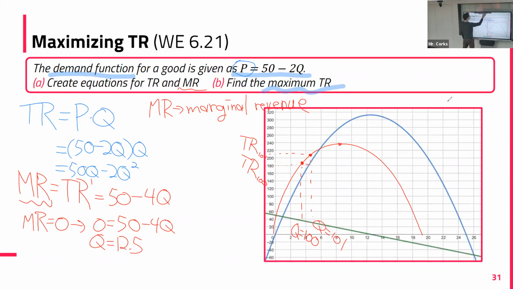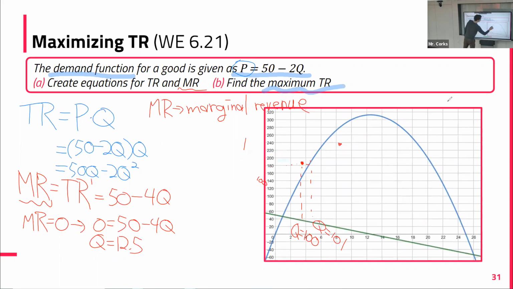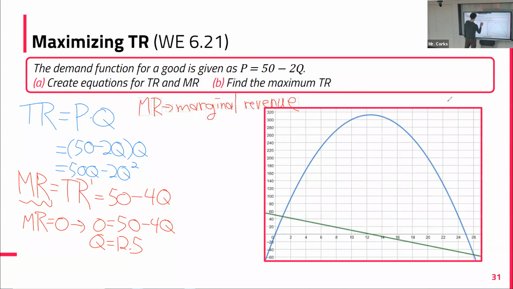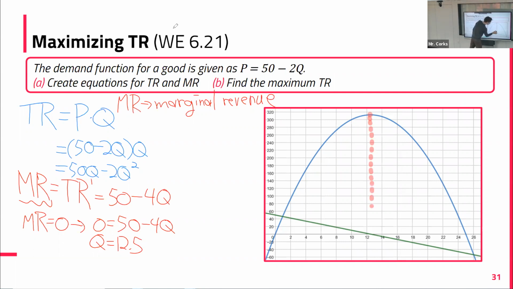Okay, so we can see our maximum point here, and if we draw our line down, the green one is our derivative.